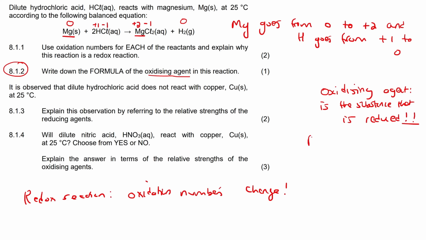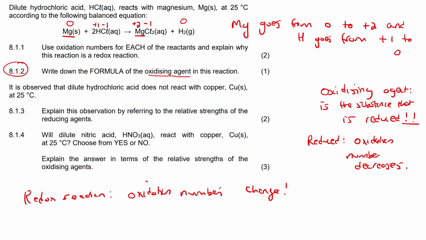And reduced is when your oxidation number decreases. So whose oxidation number decreased? Well, you see how this one went from positive 1 to 0. So it's that one that decreased.